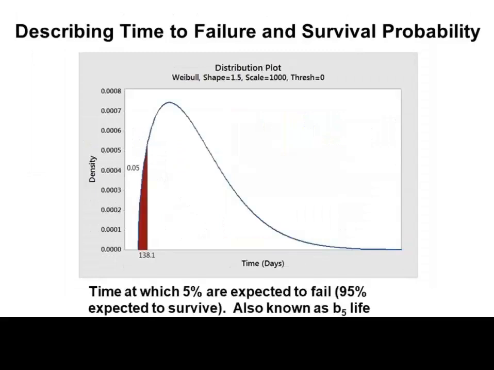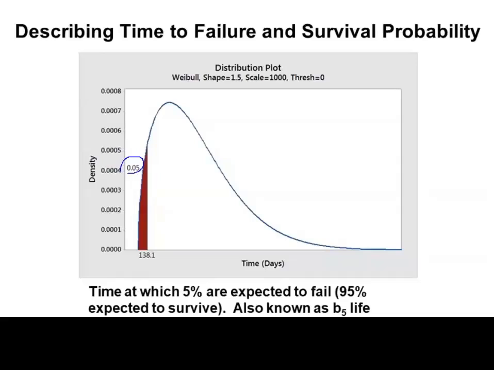Now, shelf life is usually put in terms of not survival probability, but failure probability. Let's suppose this is a different curve, the curve that I fit to my time to failure data. I want to define a shelf life as the time at which I'll allow 5% of my product to not be fit for use.